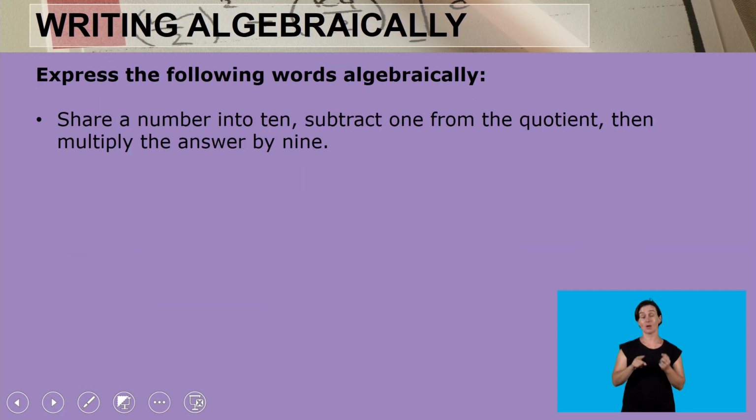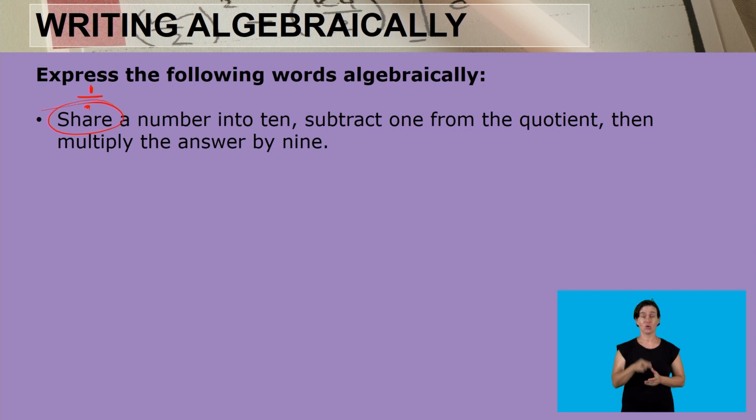Let's look at the last two statements that we are going to write algebraically. The first one says share a number into 10, subtract 1 from the quotient, then multiply the answer by 9. Now, do you remember what operation we are going to use when we are sharing? Of course, we are going to divide.